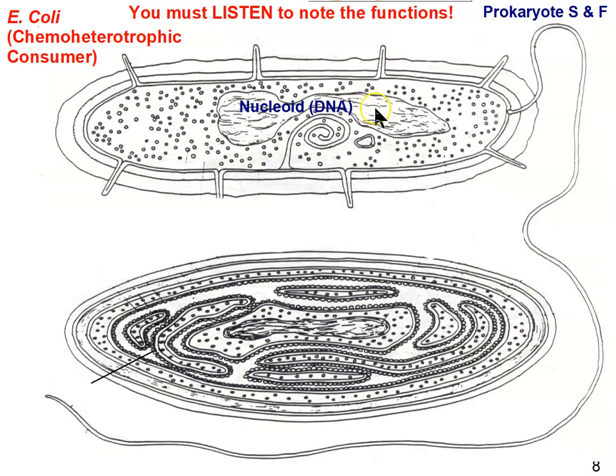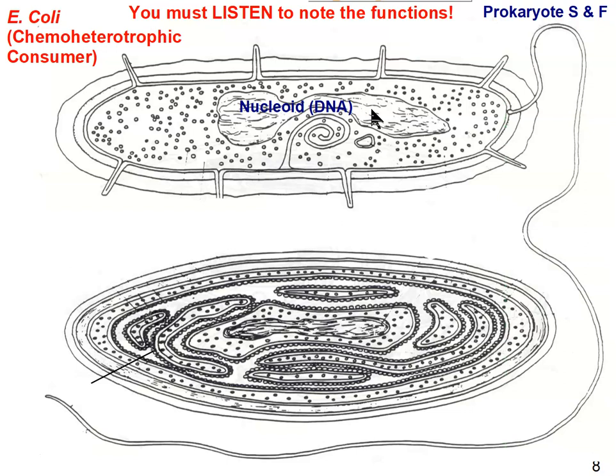So it is made up of DNA, and there are not a bunch of proteins associated with that DNA like we see in eukaryotic cells. And so its function is basically the function of DNA. And you learned in a previous unit that DNA functions in heredity.